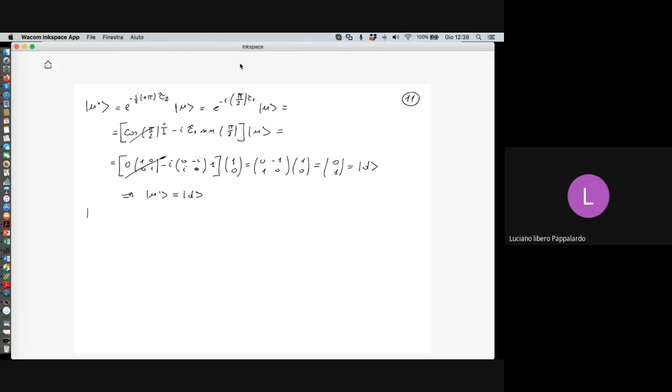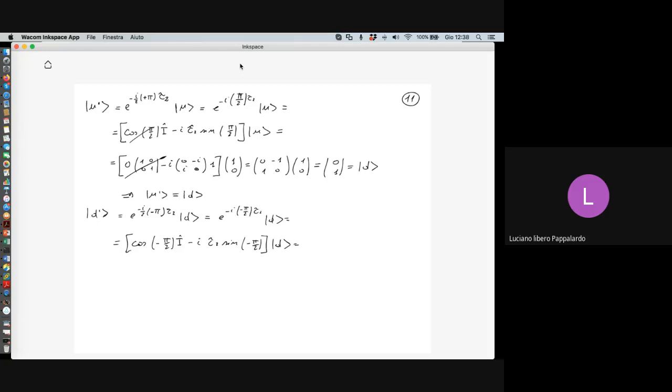Let's do the inverse. So we start now from the rotated d prime, the d isospin state. That is e to the minus i half, now rotated by minus pi along the 2 axis direction, acting on the unrotated d isospin state. That is e to the minus i minus pi half tau 2 acting on d. That is cosine of minus pi half times the identity minus i tau 2 sine of minus pi half acting on d.